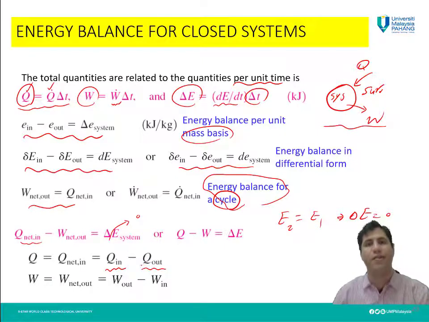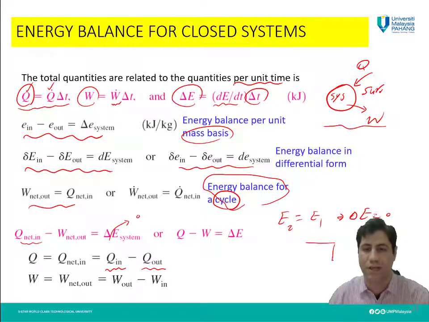In other words, for a closed system, we may have some heat transfer from that system to the surroundings, and also we may have some kind of heat transfer to the system from the surroundings. Imagine we have such a pot, we have a heat source here.